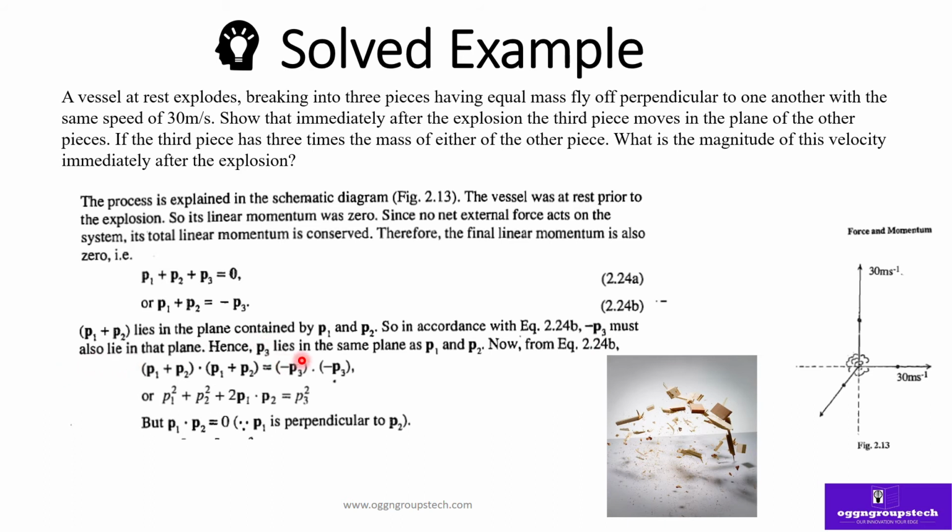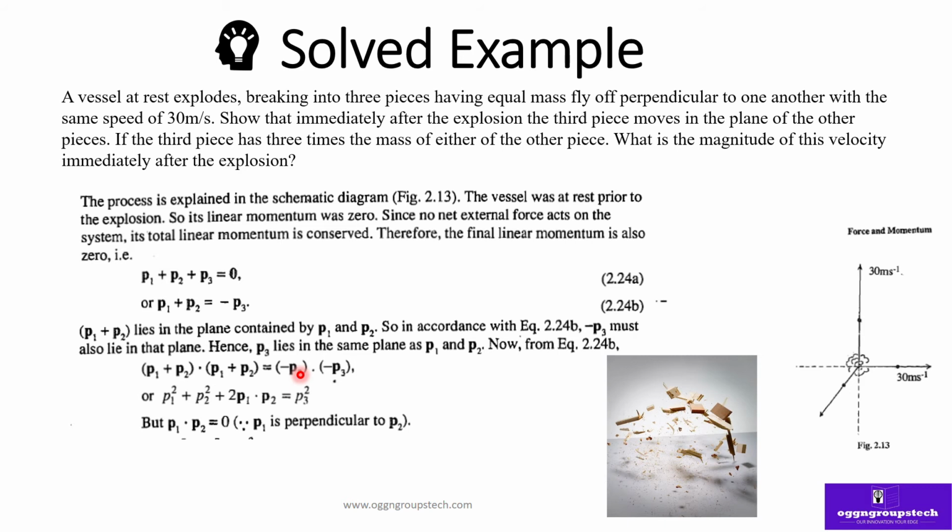So P3 lies in the same plane as P1 and P2. So what we are doing is multiplying P1 plus P2 into P1 plus P2, which is equal to minus P3 dot minus P3.